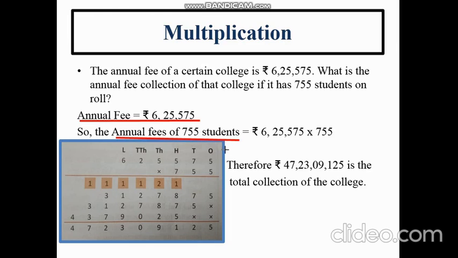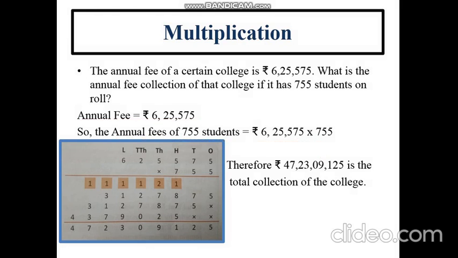The annual fee is given, and we need to find out the annual fees of 755 students. As the amount is continuously added, we will simply multiply it by 755, and then we get the answer. Therefore, rupees 47 crore 23 lakh 9,125 is the total collection of the college.